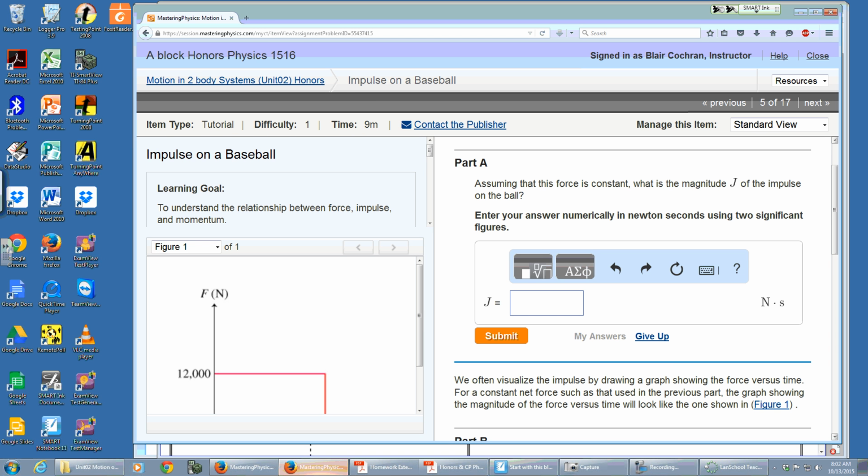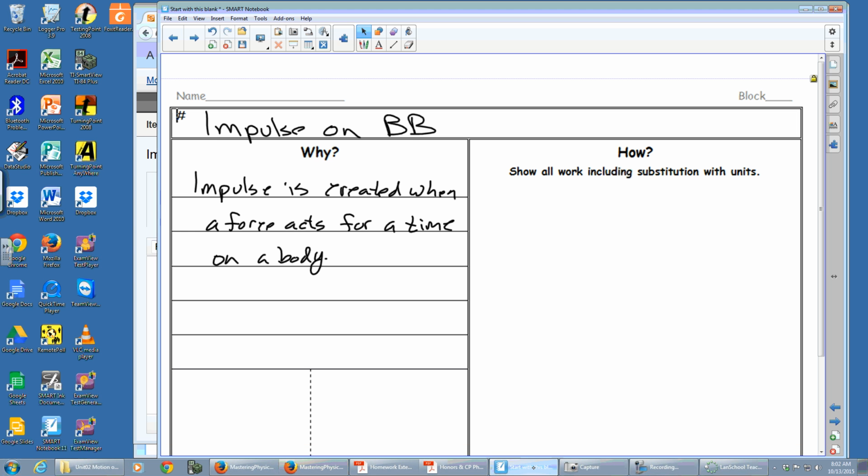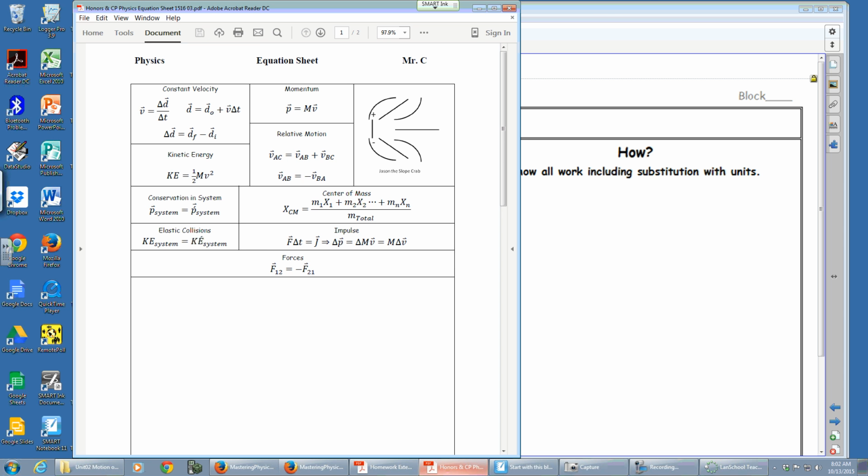And they want the impulse. So I'm going to switch to my how real quick and grab my equation for impulse. And I really only need the first half of this.